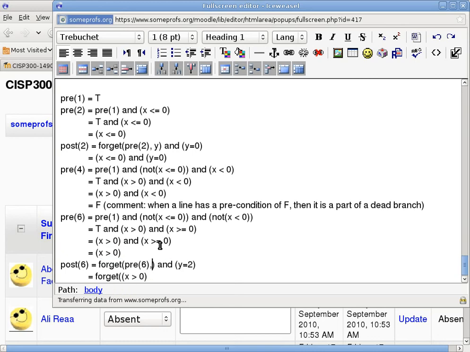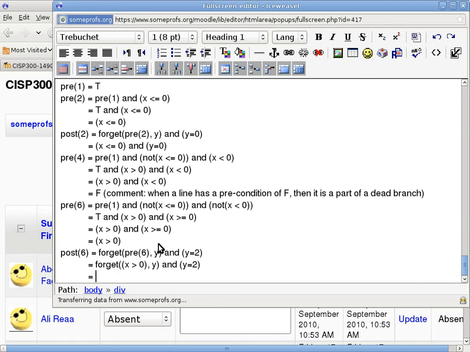What are we forgetting in it? We are forgetting anything that mentions y, because y is the variable on the left-hand side that is being changed. But since x is greater than 0 does not mention y at all, we get to keep the whole thing. And that becomes the post condition of line 6.